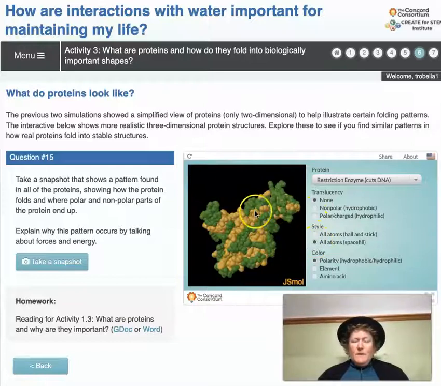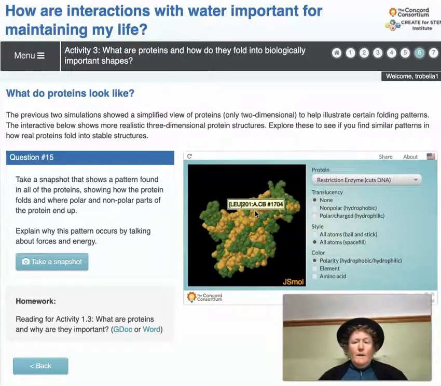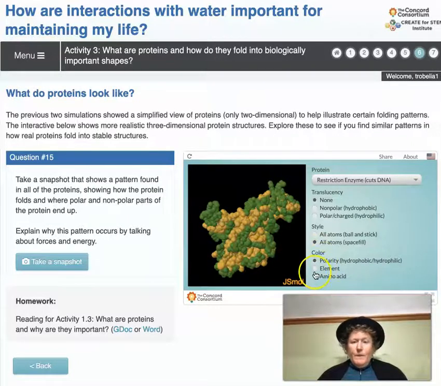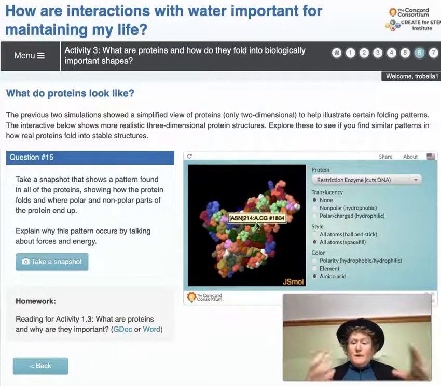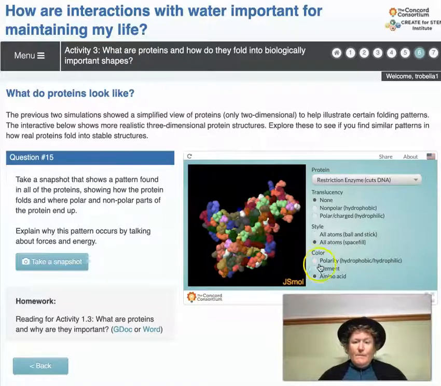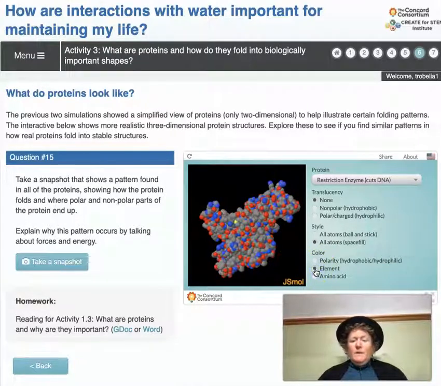This is the space filling model where the electron clouds are shown. We can just go by the colors of the amino acids. That just is a little bit mind-blowing because you can see the 20 different amino acids in there. We can go on elements. We can see how many oxygens are hanging out on the outside and how many nitrogens on the amino acid side chains are showing.